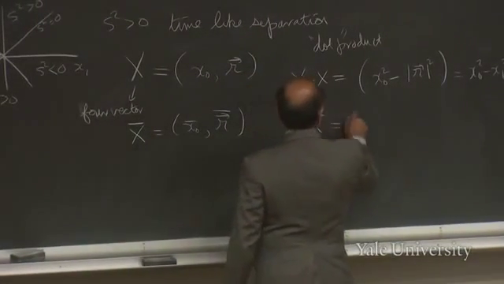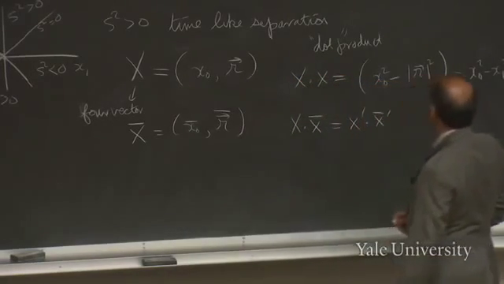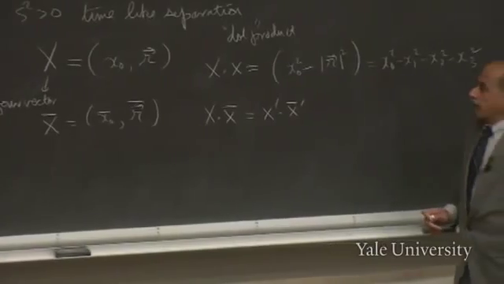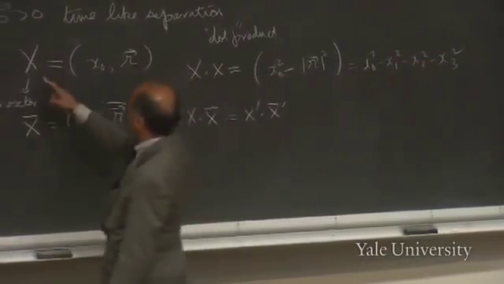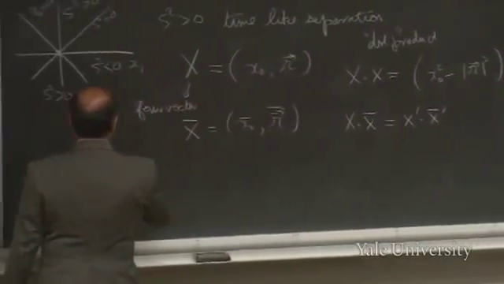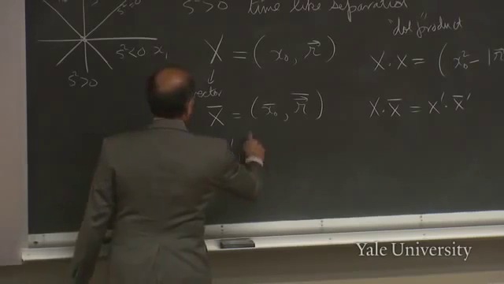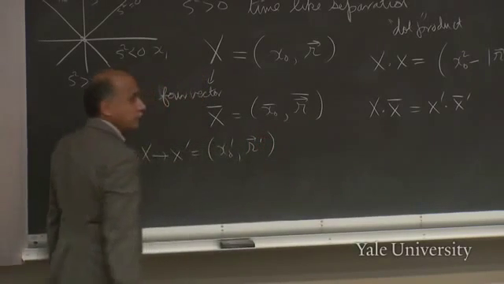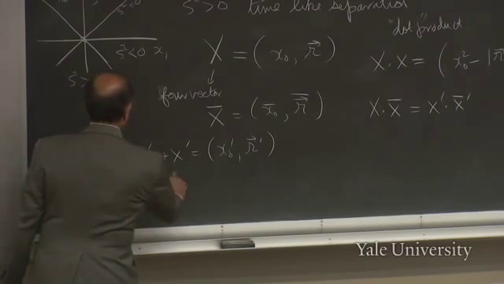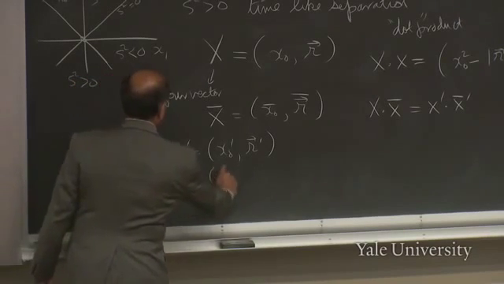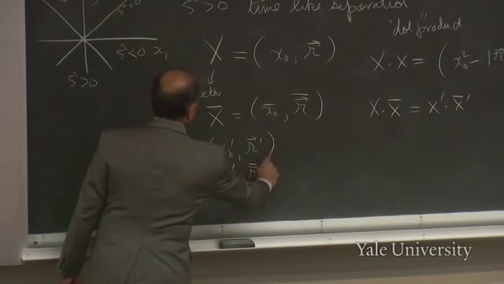In other words, x dot x bar will be the same as x prime dot x bar prime. What I'm saying is, if you go to a moving frame of reference, the components of the vector x go into x prime, whose components are x0 prime and some r prime. And likewise, the vector x bar has new components, x bar prime, which are x0 bar prime and r bar prime.